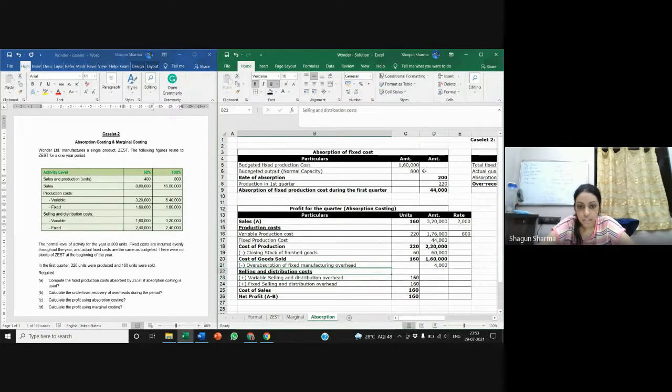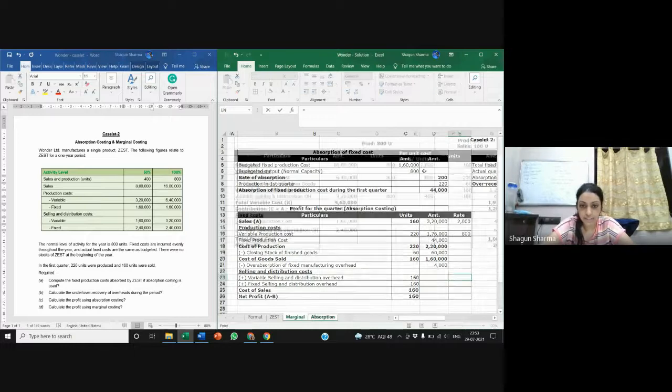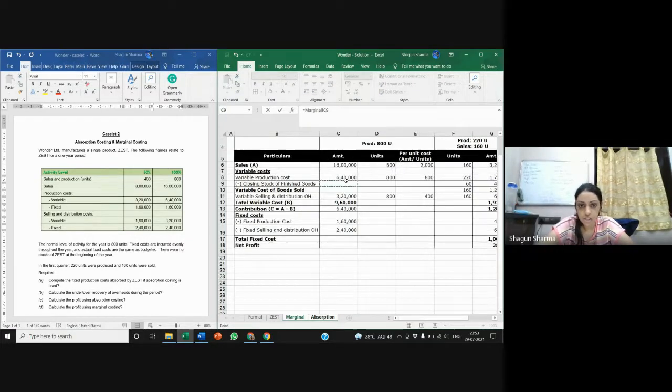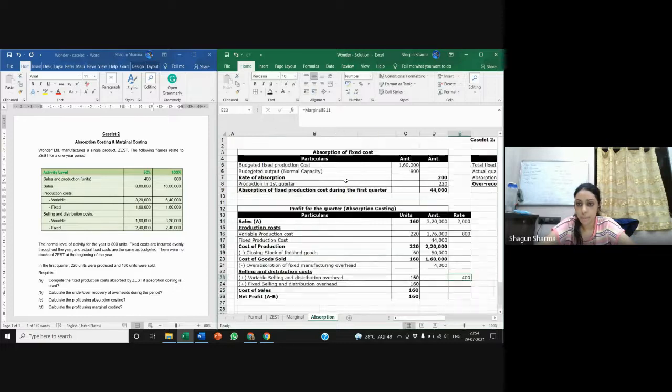Yeah. So now let's come to my selling and distribution costs. Like I said, that remains exactly like my marginal cost. Therefore, for variable, I find the rate like I did in marginal. So I'll use the same rate just from this sheet. Variable selling and distribution, so iska rate hai 400. And I multiply this 400 by my number of units.